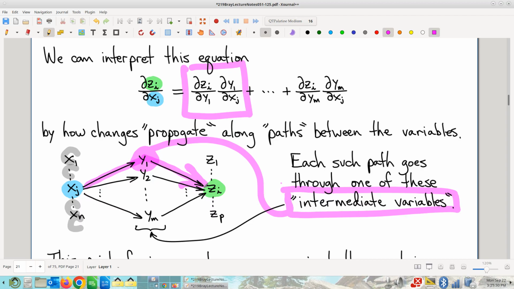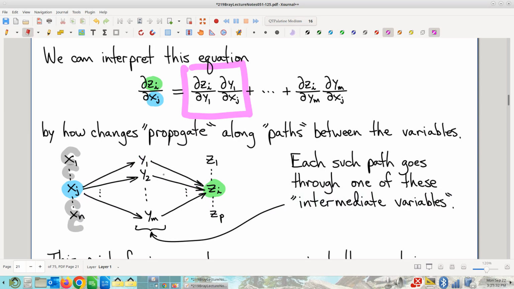So you get a term corresponding to every intermediate variable, and the structure of those terms is always the same. It's very handy how consistent this is. The intermediate variable itself will always go there and there. There will always be that temptation to cancel, which you can't do, right?